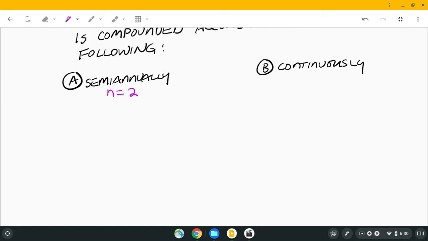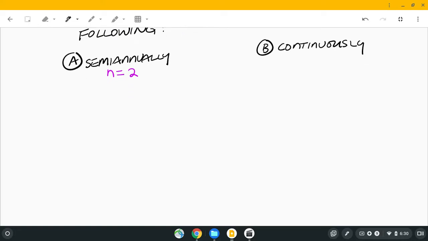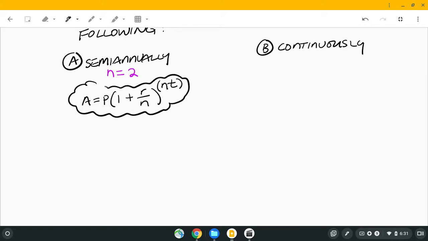All right, so let's go ahead and do the work. For this one, we're going to use the formula A equals P times 1 plus R over N to the N times T, and we'll be solving for T.